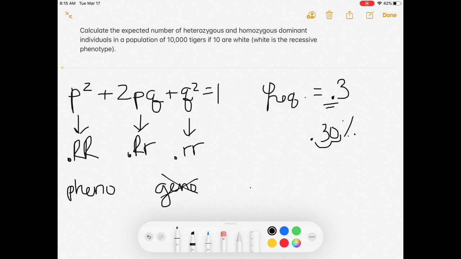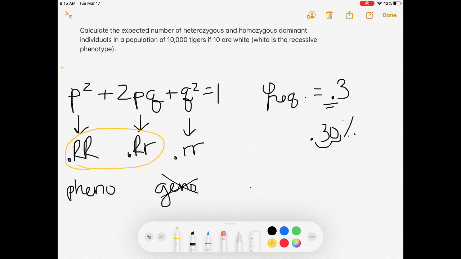Especially if they're dominant. So in our problem above, it says that white tigers are recessive, and we're going to assume that the normal orange tigers are dominant. Well, that means that orange tigers could be big R, big R or big R, little r.